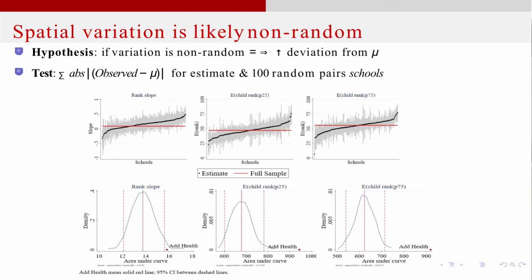So basically what we're doing here is we're just calculating the integral underneath the curve, the absolute value of the sum of all of our different schools away from the mean. And we're doing this for 100 replications, where we are randomly assigning parent-child pairs to different schools, keeping the size of the schools consistent as we do these replications.